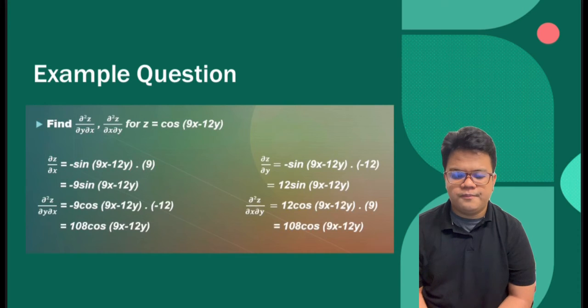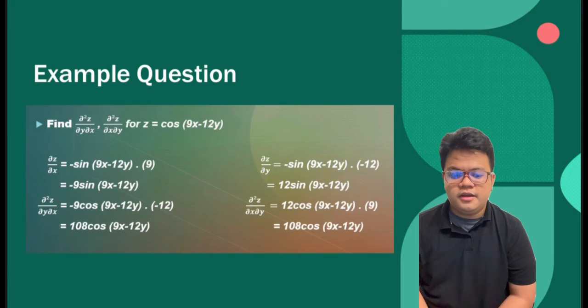And after that, we do the second order, which is partial squared z over partial x partial y equal to 12 cos(9x minus 12y) dot 9.